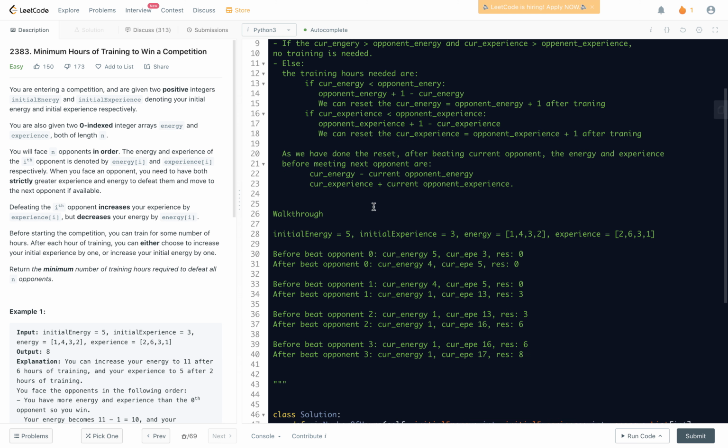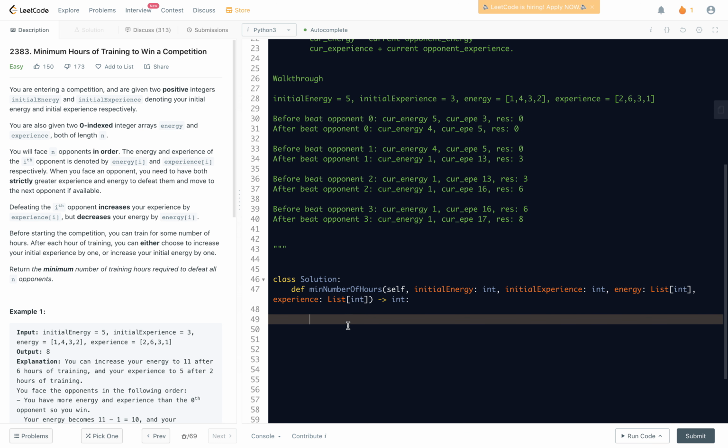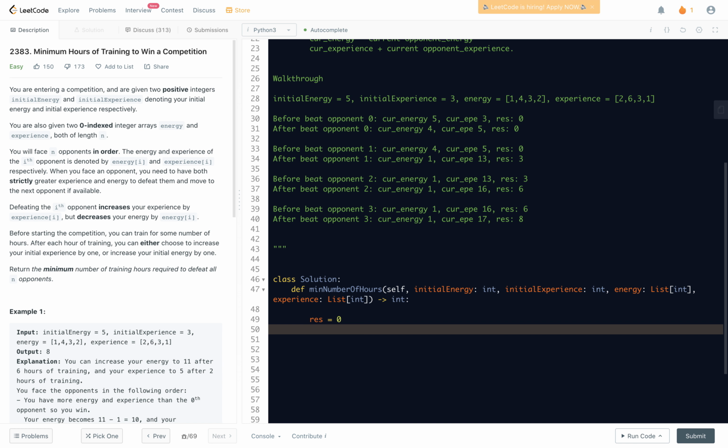So that's the walkthrough. Next we are going to write the code. Actually, the code is very straightforward. We just need to translate this idea into code format. For this, I'm going to first initialize a result variable whose final state is what we want to return.